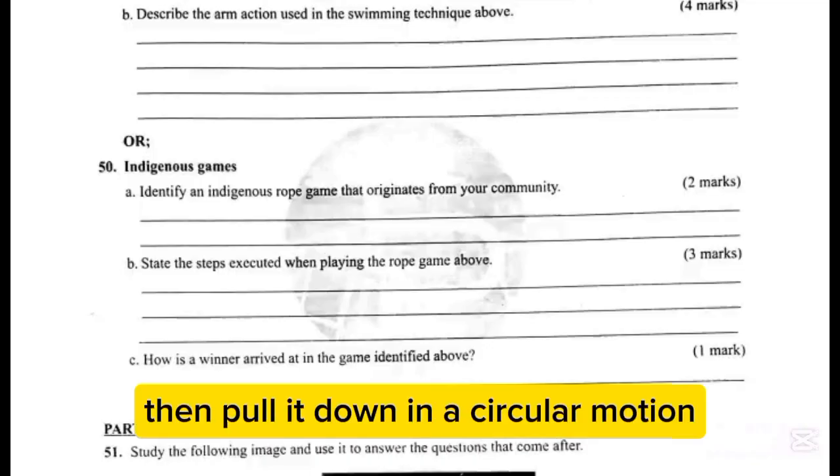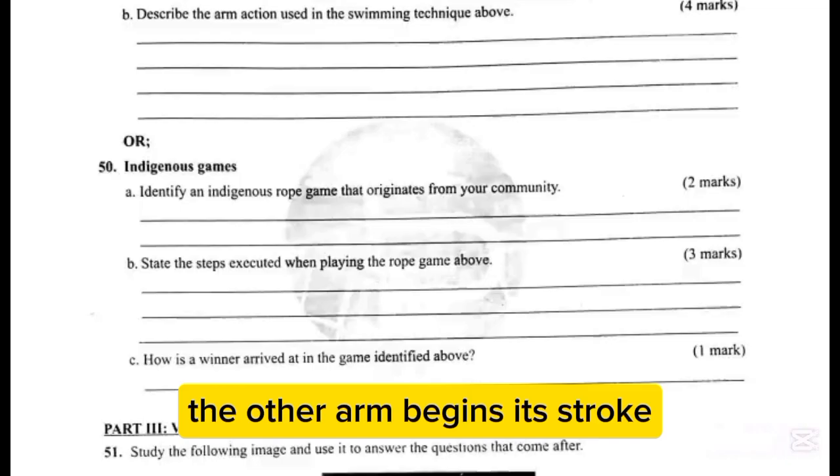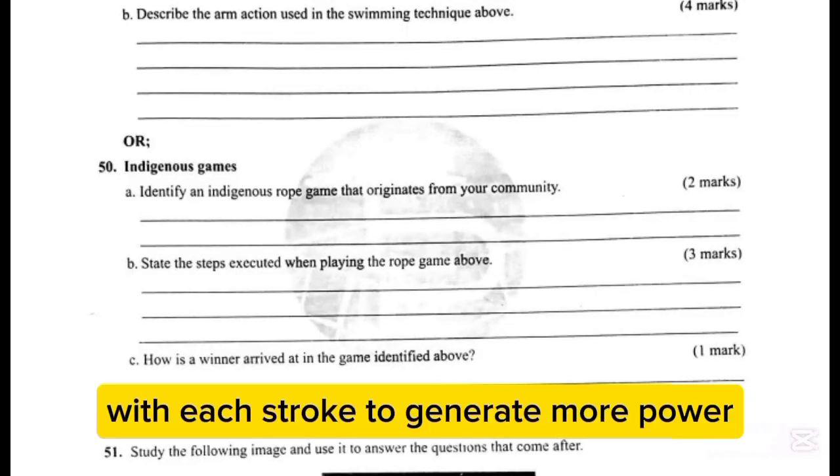Then pull it down in a circular motion, bending at the elbow. As one arm finishes its stroke, the other arm begins its stroke. Then slightly rotate your shoulder and hip with each stroke to generate more power.